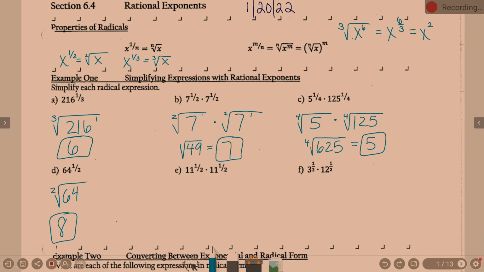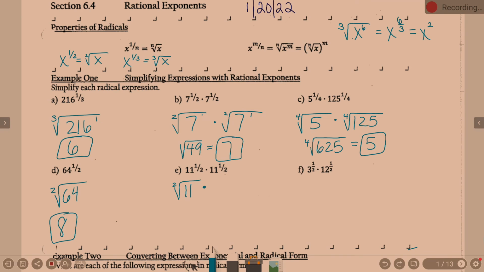I'm writing all over this board. Okay, E, 11 to the 1/2 times 11 to the 1/2 power. I agree with jumping to the end answer, but I'm going to take the baby steps here. 11 to the 1/2 means 11 under the radical, the 2 tells me it's the square root of 11.